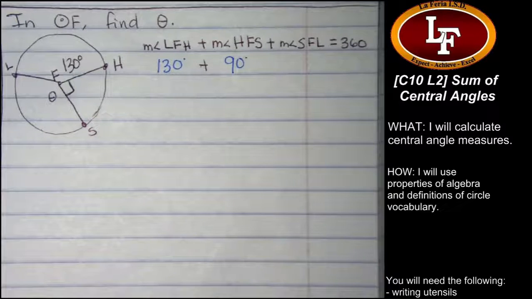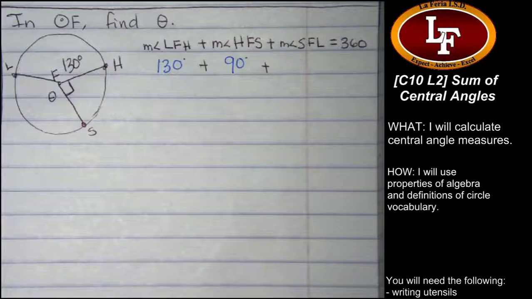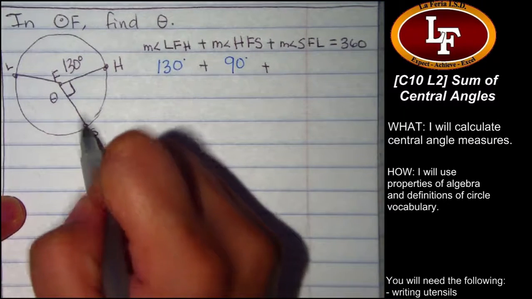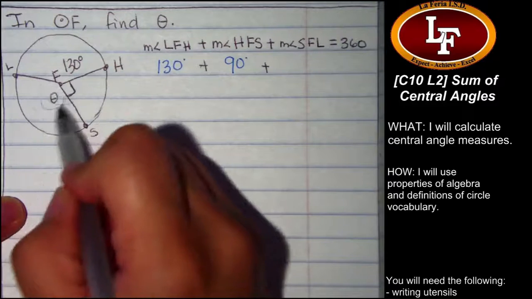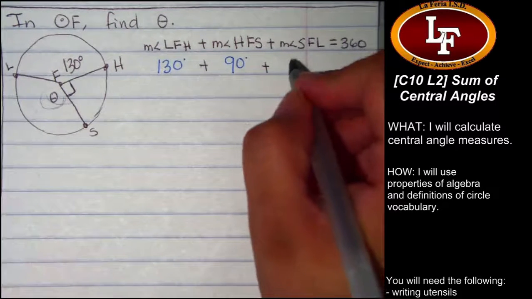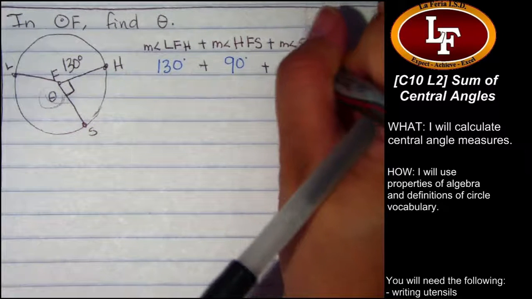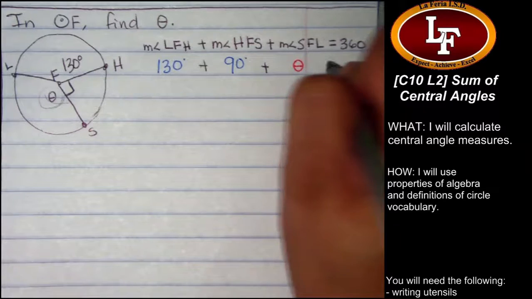Again, certainly doesn't look drawn as 90 degrees, but when we're doing diagrams, go with what's marked, not with what it looks like. The measure of angle SFL, this angle right here, has the symbol theta inside of it, which means we are going to replace the measure of that angle with the symbol theta. There is what we are looking for.